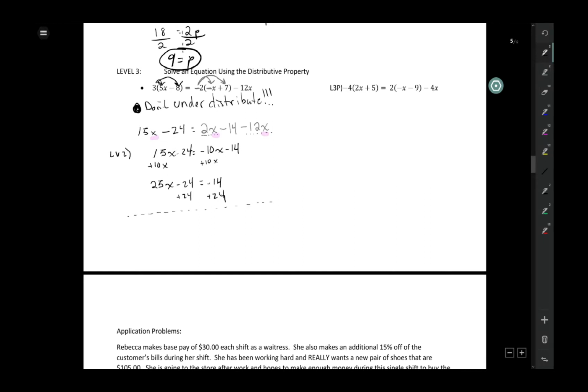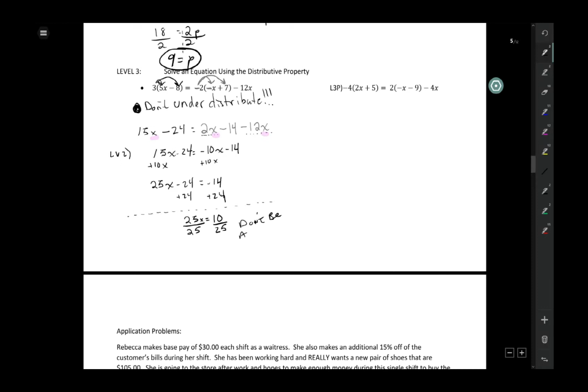Negative 14 plus 24 here. Just be careful with the negatives again. It's nothing too crazy, but negative 14 plus 24, that'll give us 10. 25x. And the other thing is students get so afraid of fractions again. Don't be scared. Do not be afraid.